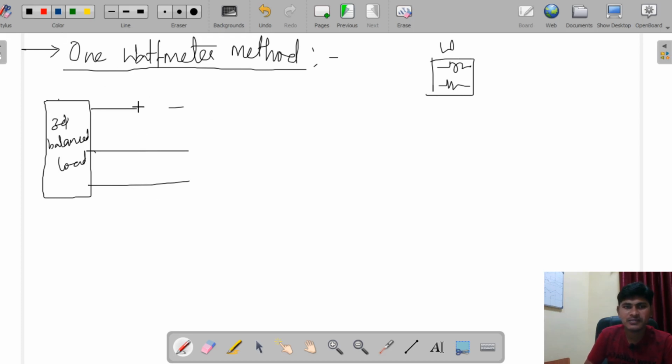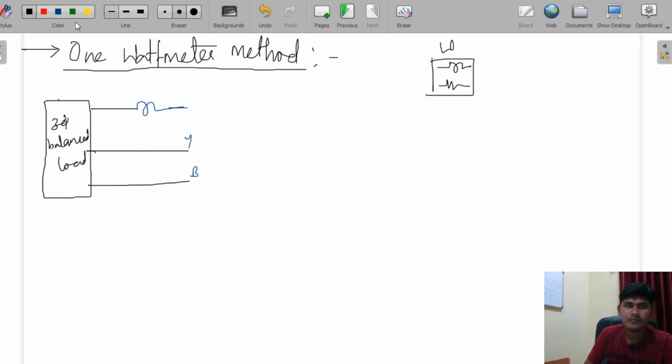Now let me place this current coil of the wattmeter in line R, Y, B. The pressure coil of this wattmeter is alternatively connected between this line and the other two lines.